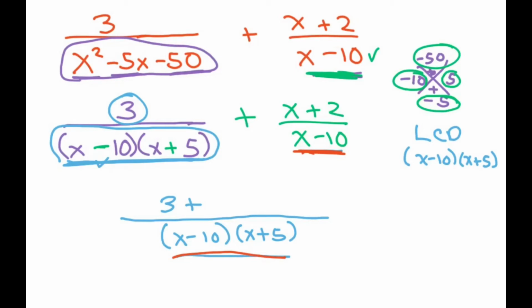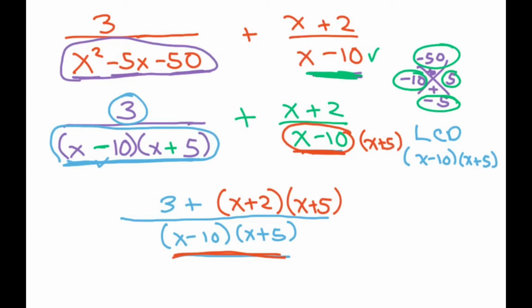So what times x minus 10 gives me this whole thing? Or you could say what's missing, and it's x plus 5. So basically, to have the same denominators, I'm going to do x plus 2, and then what's missing is the x plus 5. Another way to think about this is to just go ahead and write down x plus 5 here. If I write it down there, I also have to write it here.